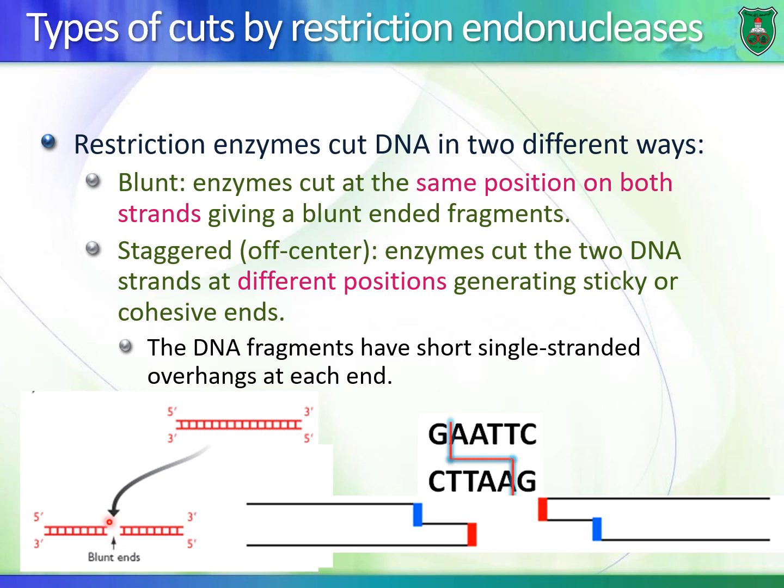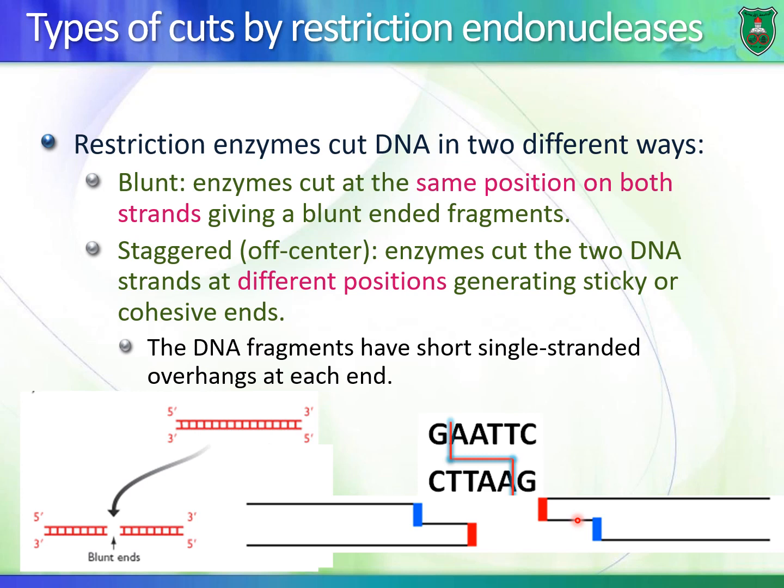This is in contrast to what is known as staggered cuts. What staggered cuts mean is that you have a cut between G and A on one strand, and on the other strand the cut occurs between G and A, resulting in the formation of what are known as sticky ends or cohesive ends.